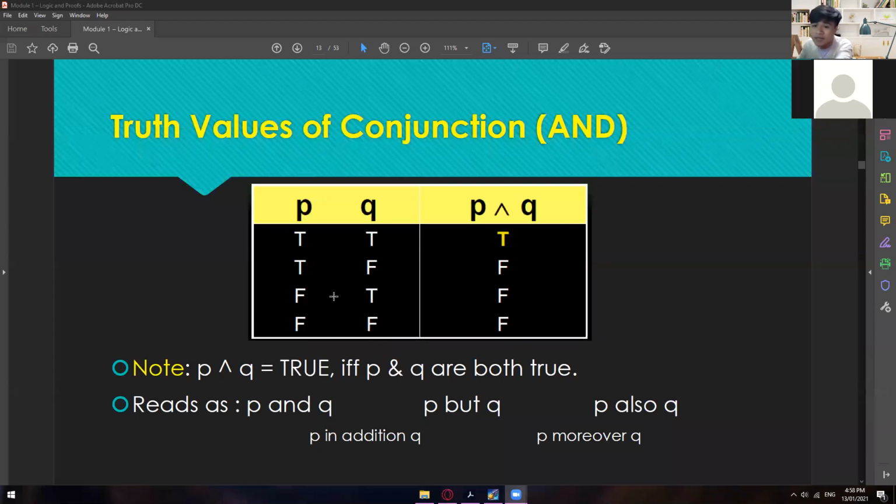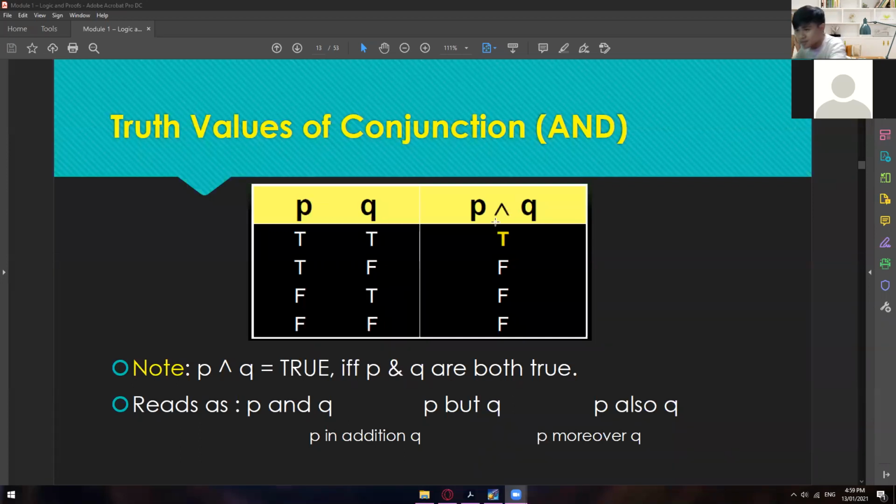Kapag ganoon, magiging false na yung entire statement kapag hindi mo na-meet yung isa. So kapag gamit natin is AND, dapat lahat ng statement is true or na-meet. Kapag merong isa na false, false na kagad yung magiging result.